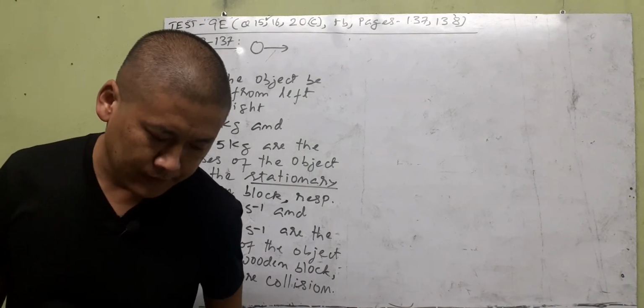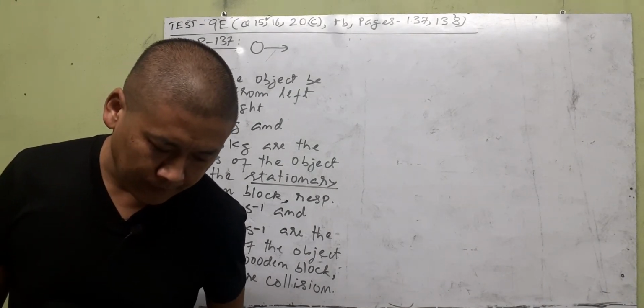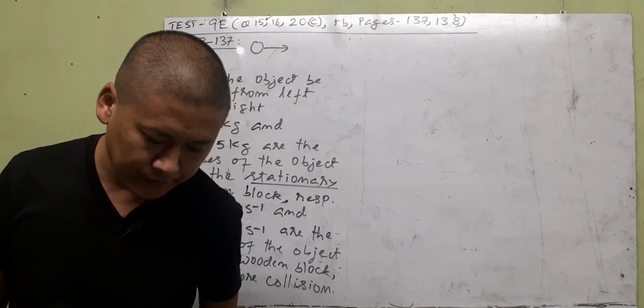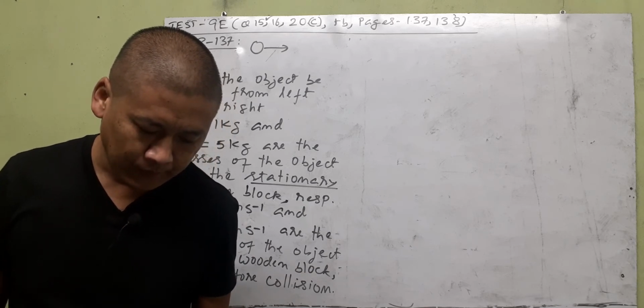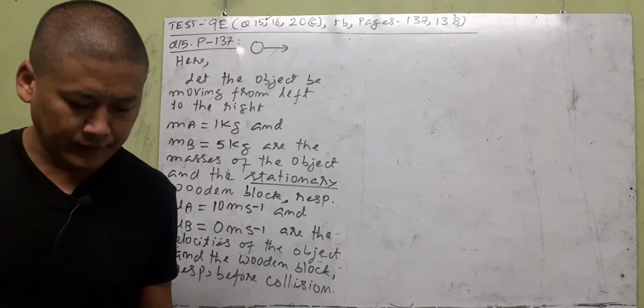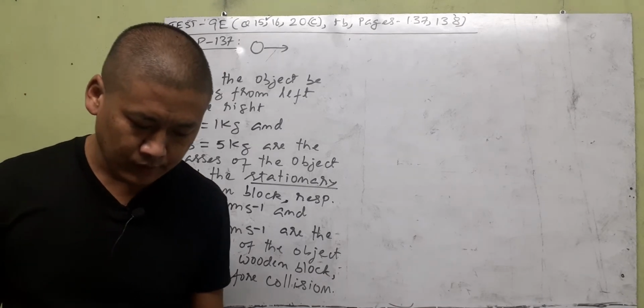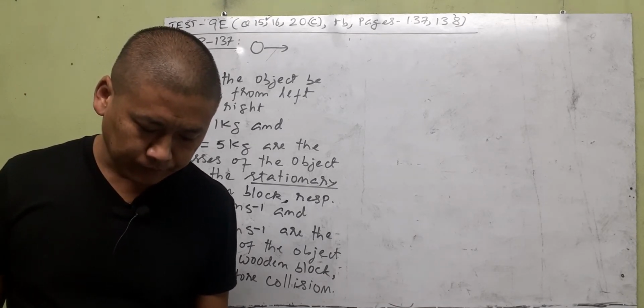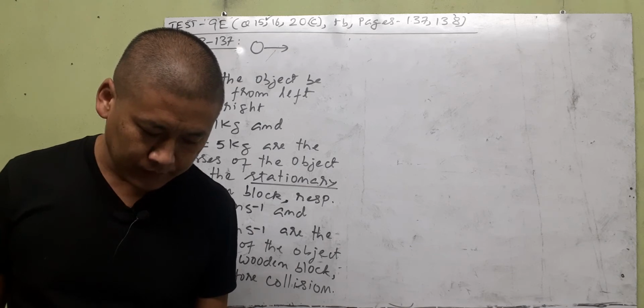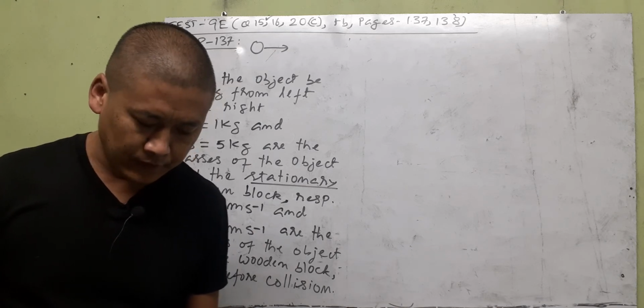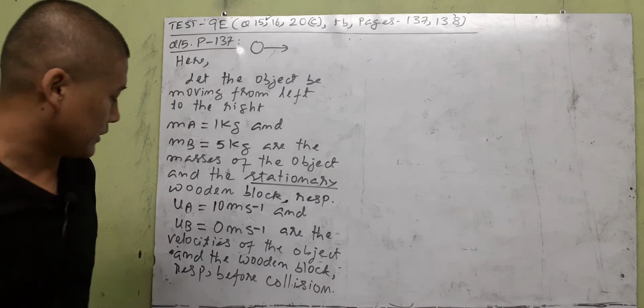Then calculate that they move together after collision in a straight line. Calculate the total momentum before and after impact, meaning collision. And also calculate the velocity of the combined object just after the impact.